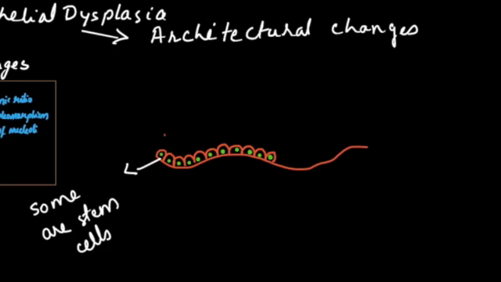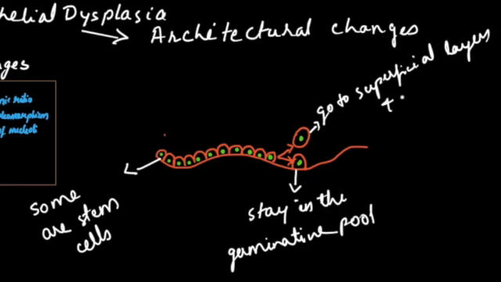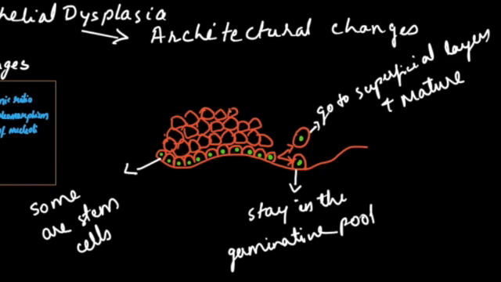They give rise to two daughter cells. One will stay in the germinative pool and the other one will go to the superficial layers to mature into spinous cell layers and stratum granulosum. Here are the nuclei of those cells.